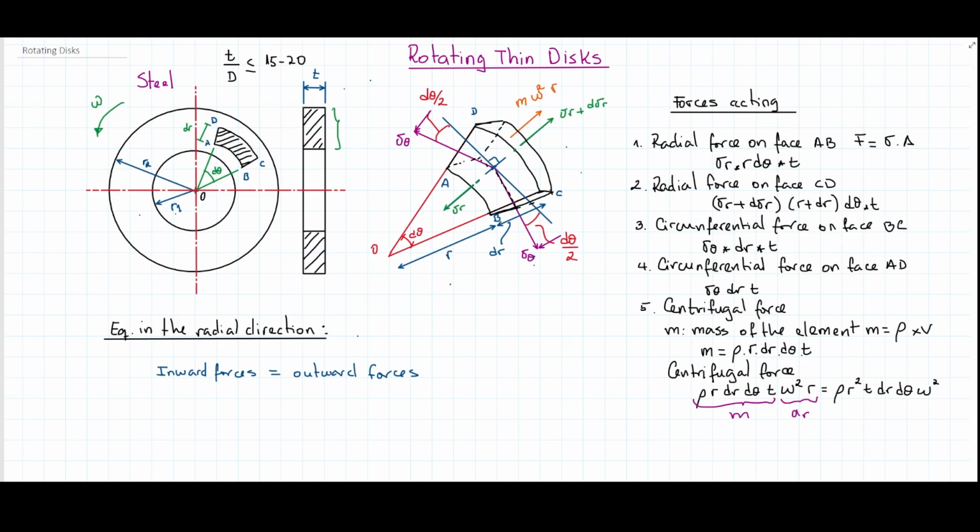Then what is that? Well, the inward forces are these ones. We have first the force caused by this radial stress on this surface, limited by this AB segment, plus these two components of the circumferential stress pointing down. So let's write those down. The first one is this one, times r times t times this one here, plus we have 2 times this one here.